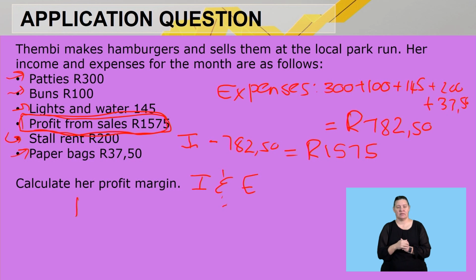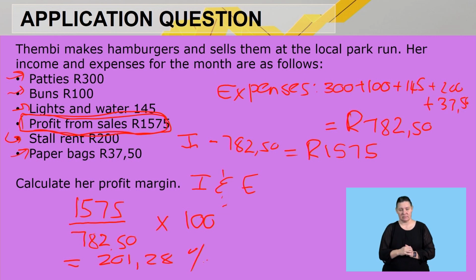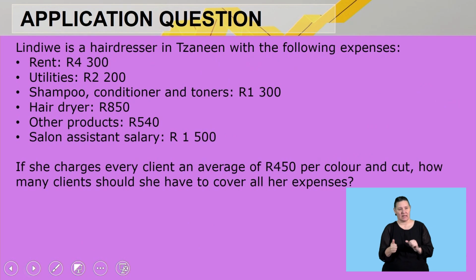To calculate that, I'm going to take my profit, 1,575, divided by my expenses, 782.50 Rand, times 100 because I want a percentage, and then you'll see it is 201.28%. Guys and girls, with restaurants, they can make up to 450% profit. So this doesn't sound too bad. Let's go and look at the next one.